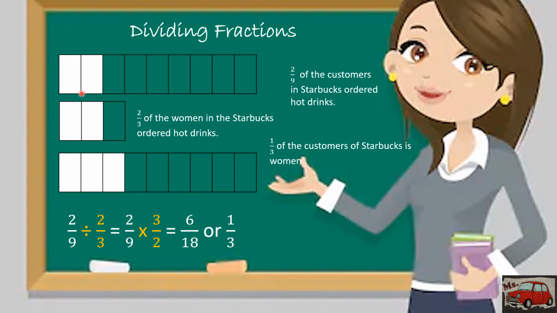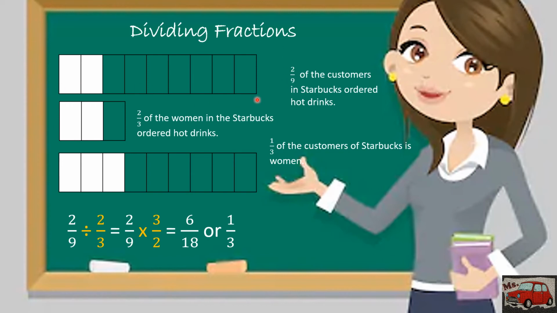Okay? Now, another factor is 2/3. Yung 2/3 na yan, yan yung mga umorder ng hot drinks sa grupo ng kababaihan. So, kung ito yung grupo ng kababaihan, ito lang yung umorder ng hot drinks. Alright? So, ang tanong is, ano yung fraction ng grupo ng kababaihan sa buong Starbucks?